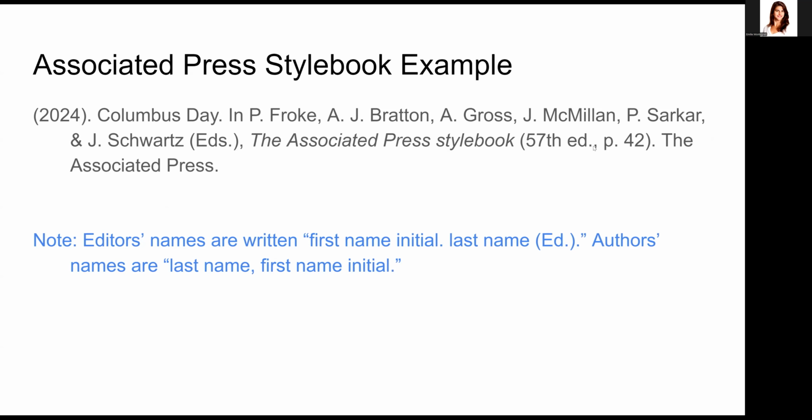So in this case, the lowercase ed with a period is edition, then a comma, then we only need one p because this is a single page item. If there are multiple pages, then you use two ps. So one p, single page, period, and then the page number, which is 42, close parentheses, period, and then who is the publisher? The publisher is the Associated Press. So we write the Associated Press, period. This was a physical book, so we do not have a URL or a DOI to reference.